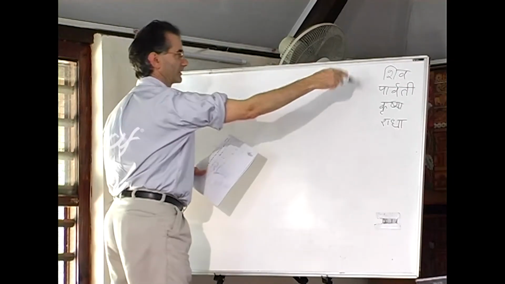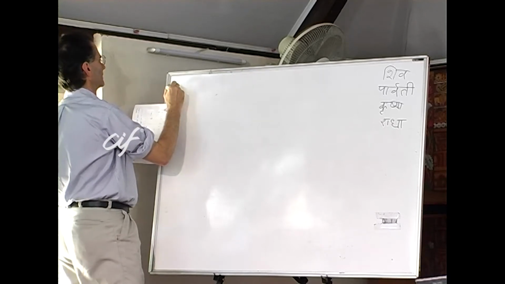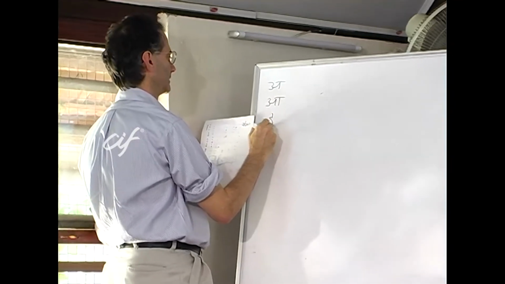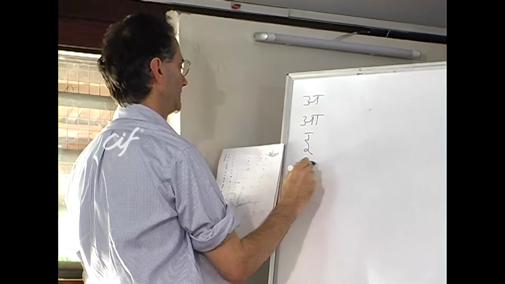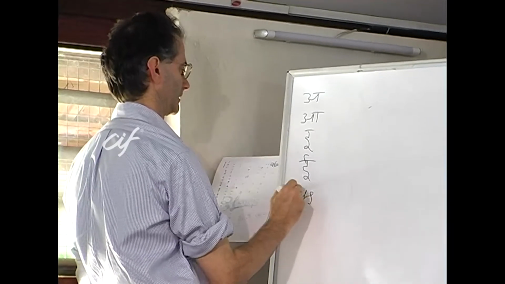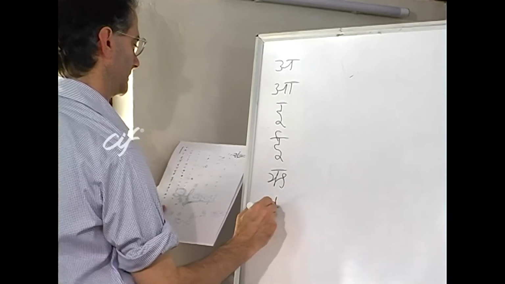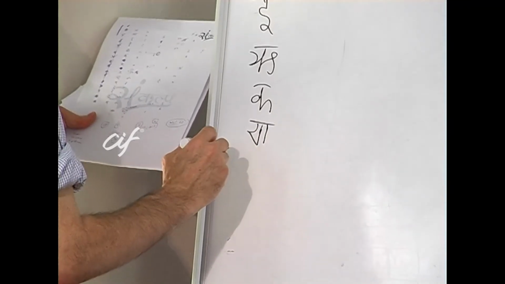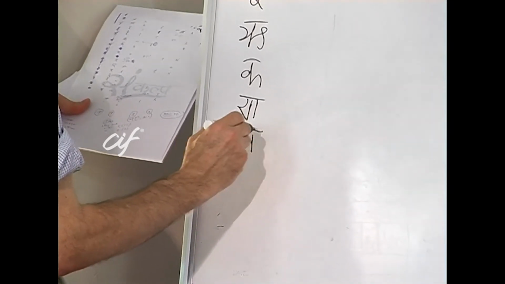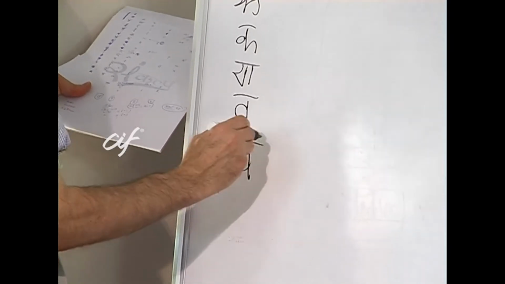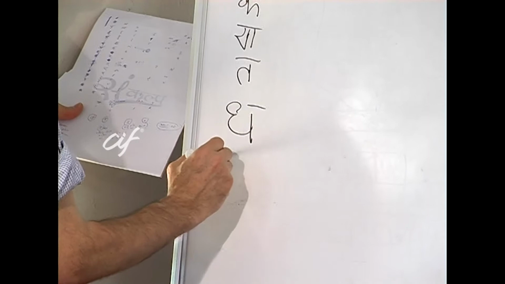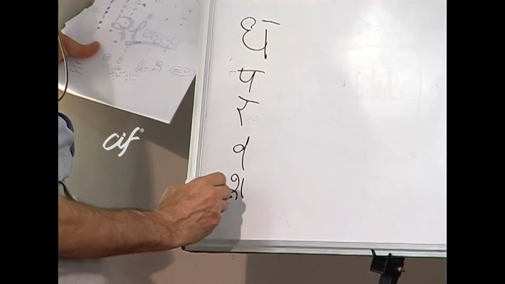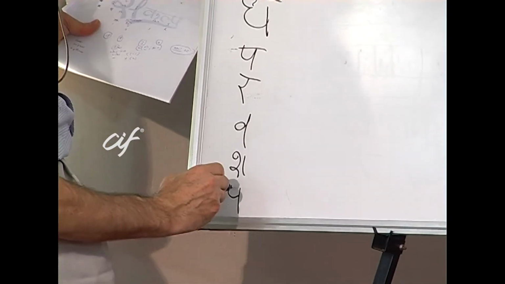So these characters include the following letters: a, I, K, more or less in Sanskrit alphabetic order, K, N, T, Dha, Pa, Ra, Va, Sha, and Sh. Okay?